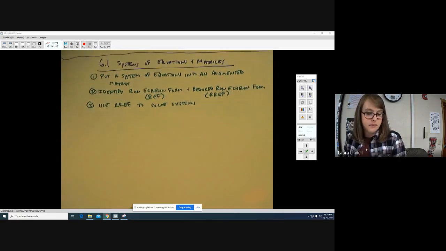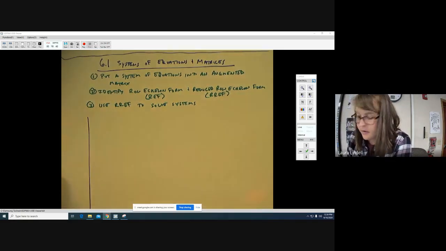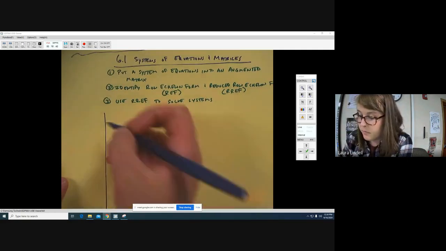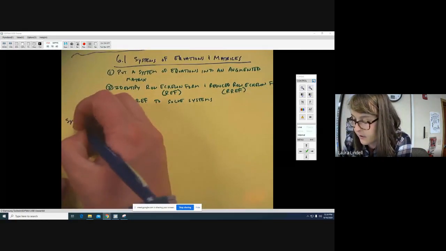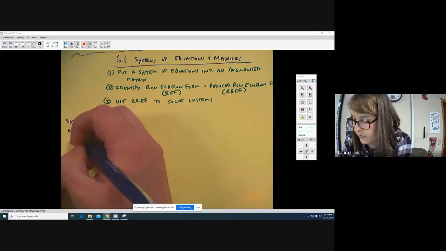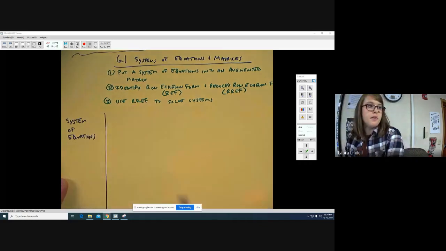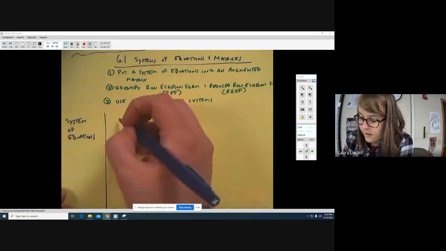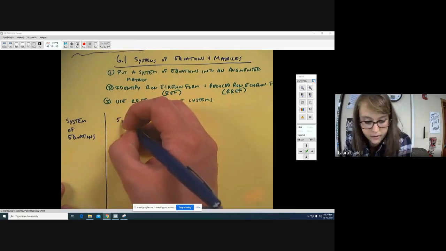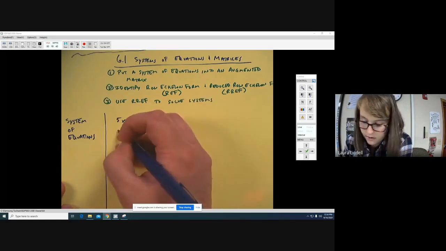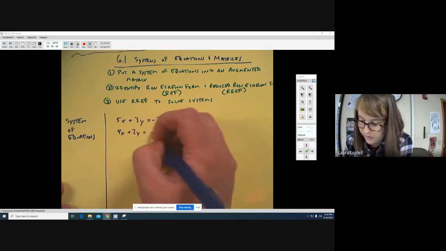Now let's talk about some of this vocab. So first, hopefully we remember what a system of equations is. If we don't, we'll take a look at that real quick. Systems of equations. So you might have seen in algebra or advanced algebra, but most likely regular algebra, 5x plus 3y equals -31. 4x plus 2y equals -22.